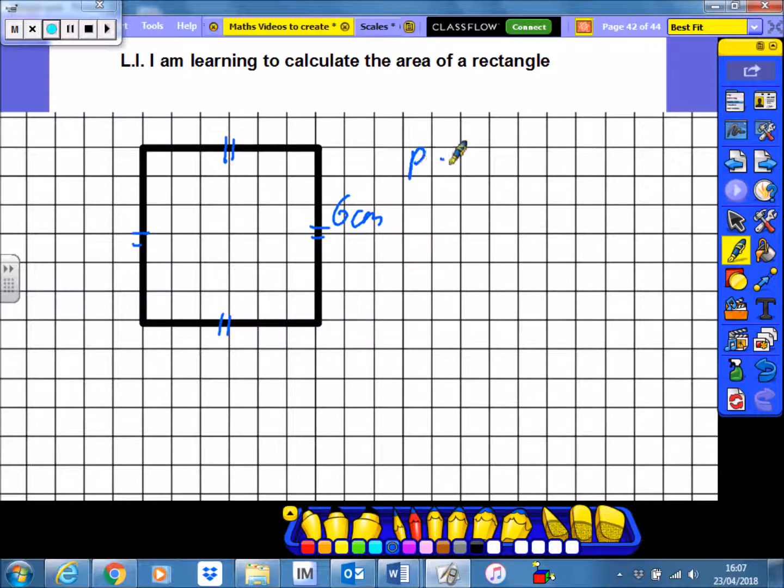From that alone, you should be able to work out that P equals 6 plus 6 plus 6 plus 6, 24 centimeters. Because you should be able to reason that if it's a square, all the sides are equal. That is the definition of a square. And so you know that all the other sides are also 6 centimeters.